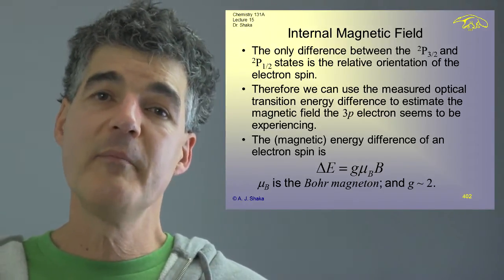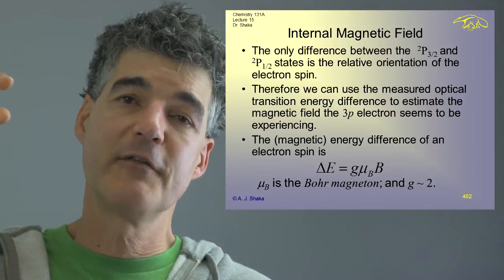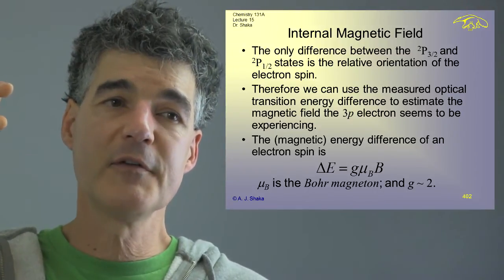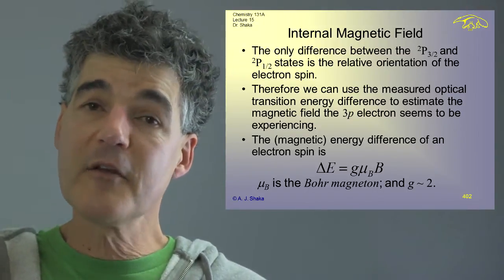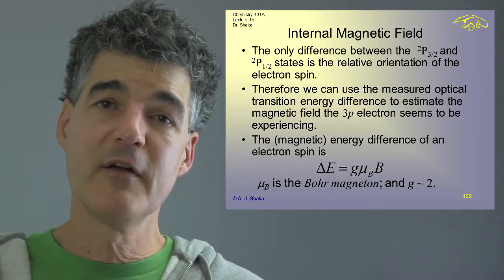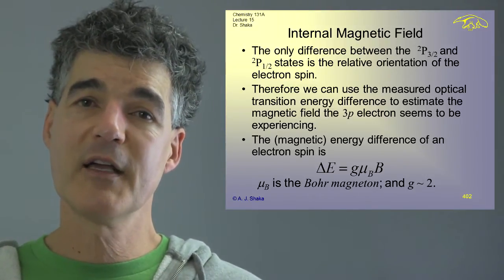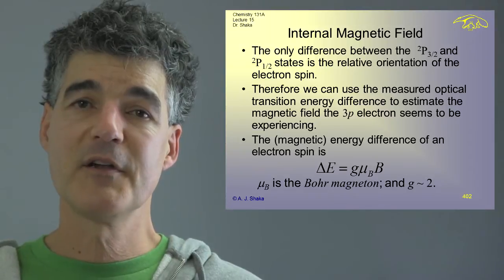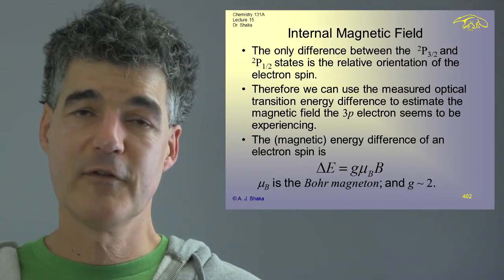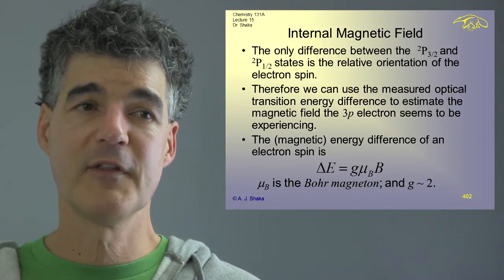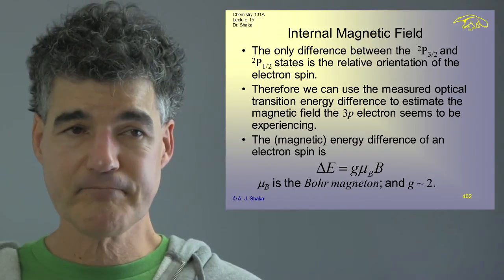If we know the measured optical frequency difference between the two levels, then we can estimate the magnetic field that the 3p electron in sodium appears to be experiencing from going around the nucleus of the sodium.